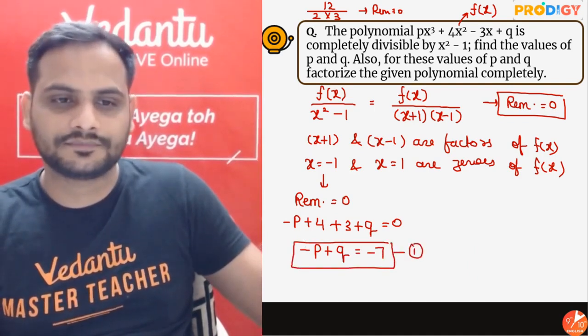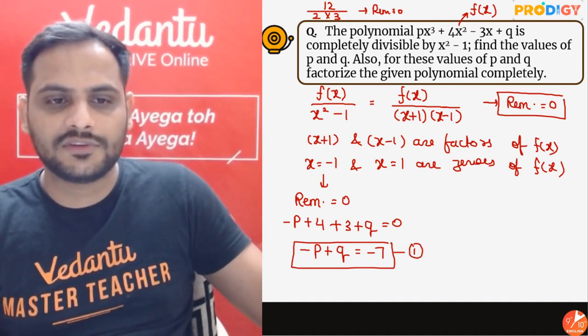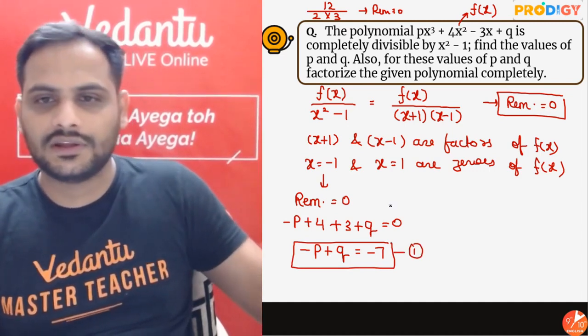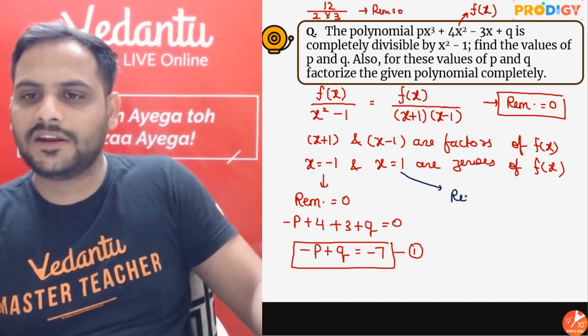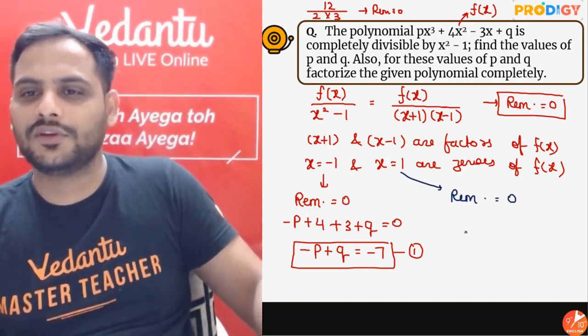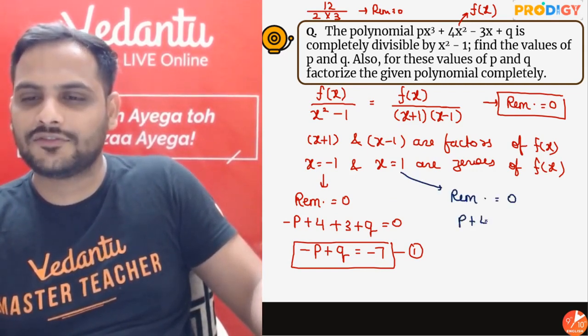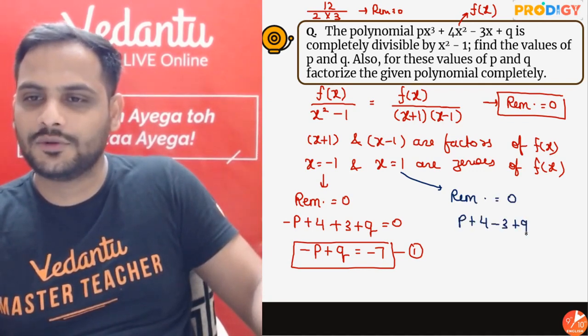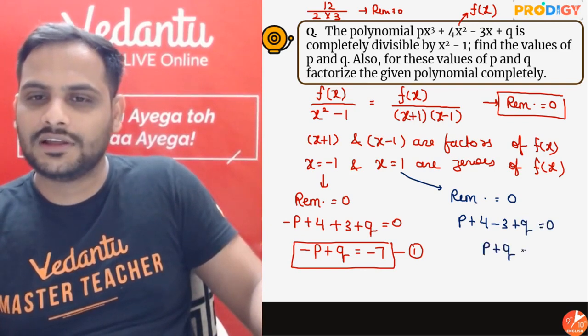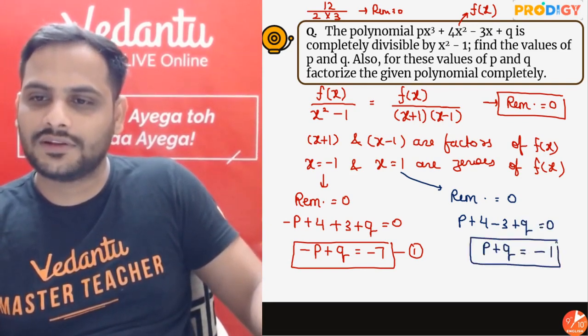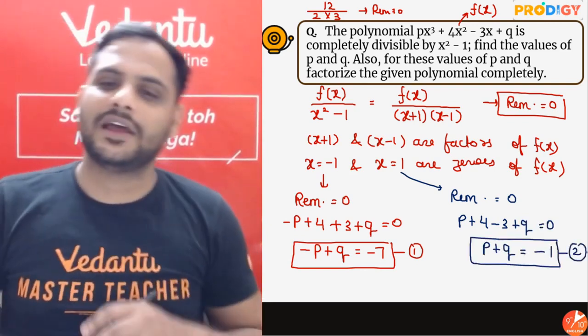Equation number 1. Second equation, beta: put x equal to 1 in this polynomial. Again remainder theorem, must be equal to 0. So p plus 4 minus 3 plus q, remainder is equal to 0. So we'll get p plus q is equal to minus 1. This is my equation 2.